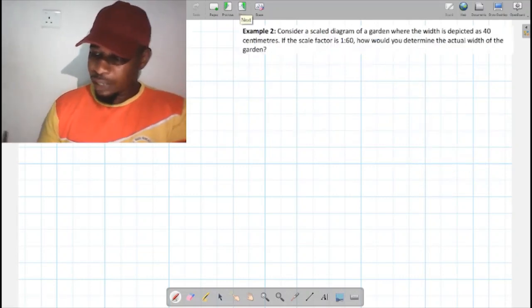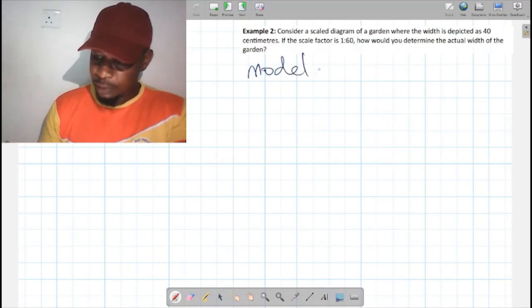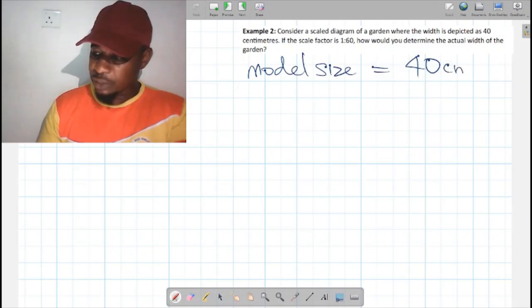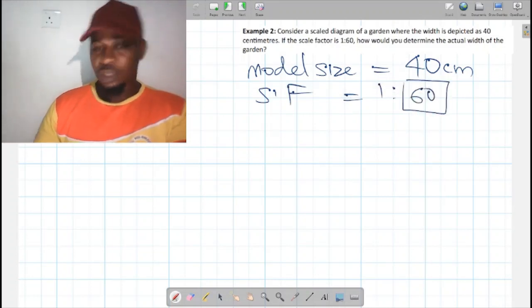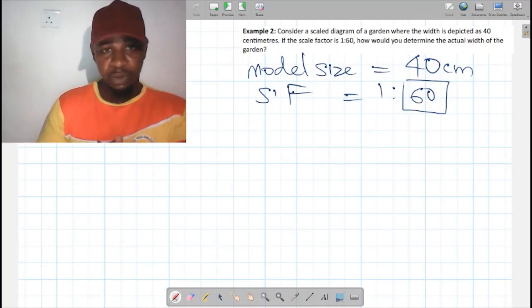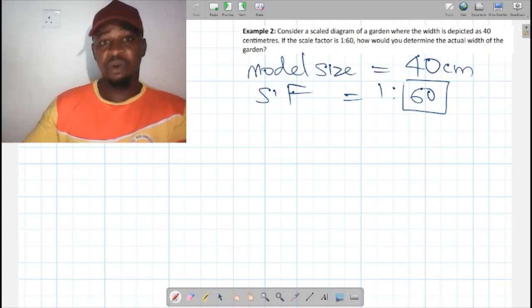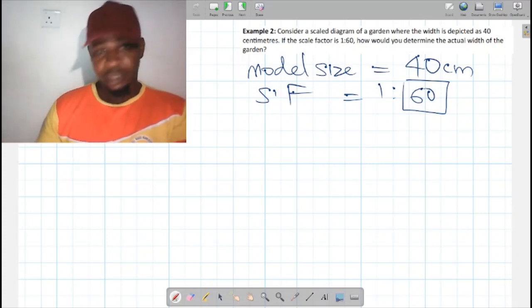So, we'll look at the paper distance or the model size, and that has been given as 40 centimeters. Then we're given a scale factor of 1 to 60, which means that one size is 60 times greater than the other. And now if the paper one is 40 centimeters, the real one has to be greater than that. So that means we're going to be multiplying by the scale factor.